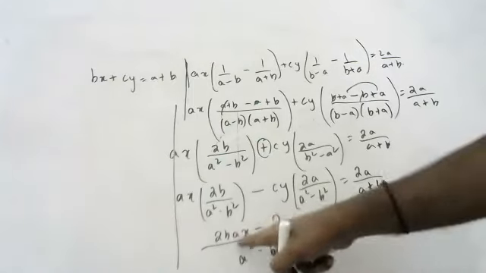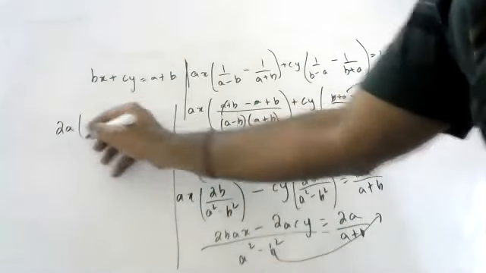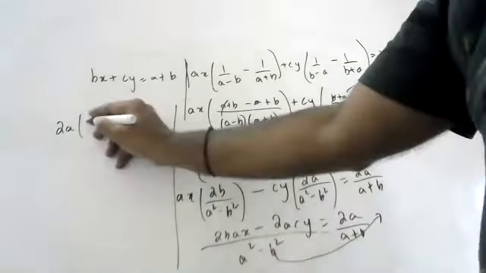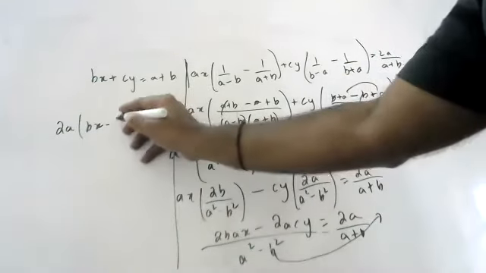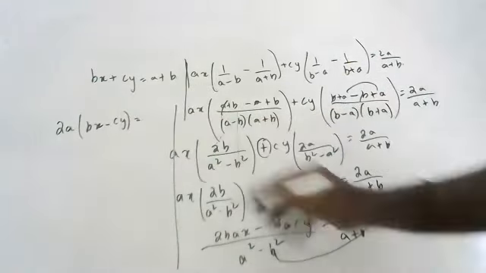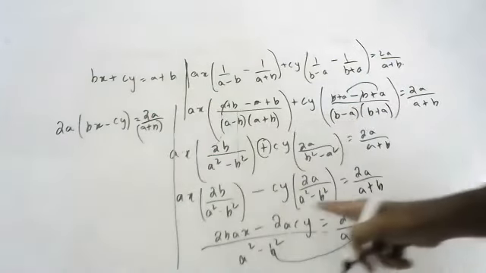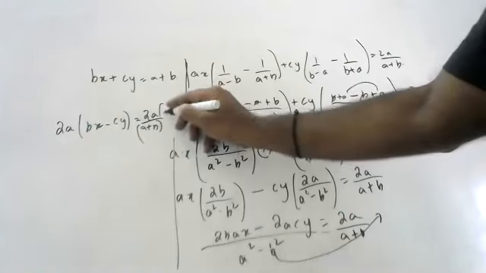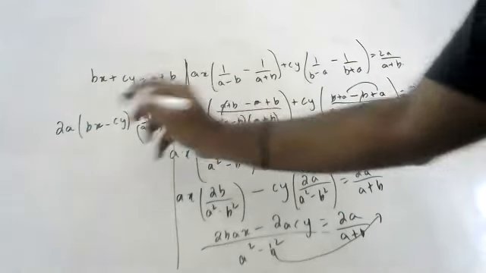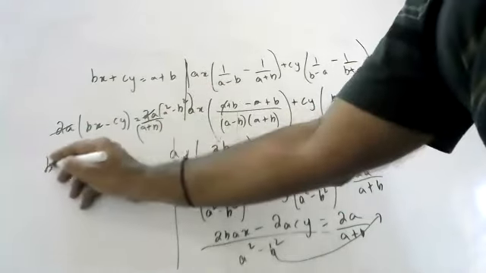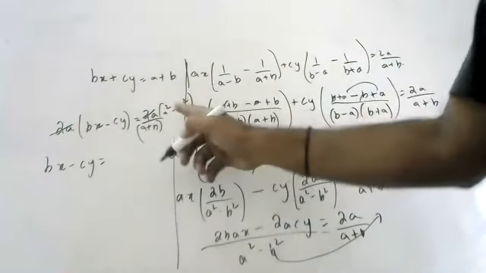Anyone? 2a is common. 2a is common means bx minus cy is equal to 2a by (a plus b) into (a square minus b square) will come here, children. Slowly you see, 2a cancel. bx minus cy is a square minus b square.